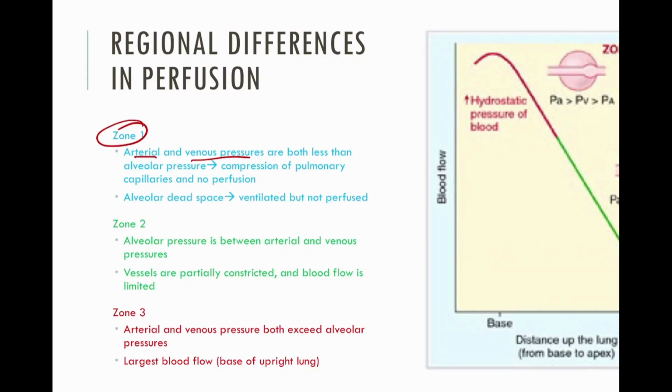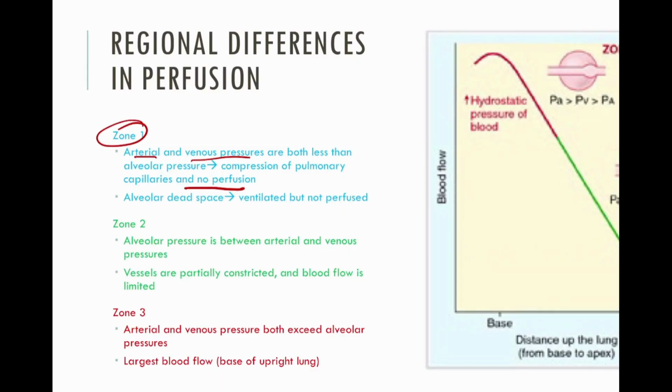Why is arterial and venous pressure low at the apices? There's no blood there. So there's no pressure. So they're low pressure in the apices because there's no blood there. So you get compression of these capillaries and no perfusion. So we don't have any perfusion of blood in the apices at rest.